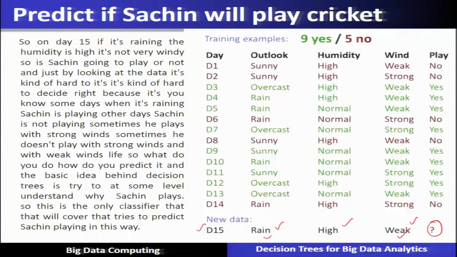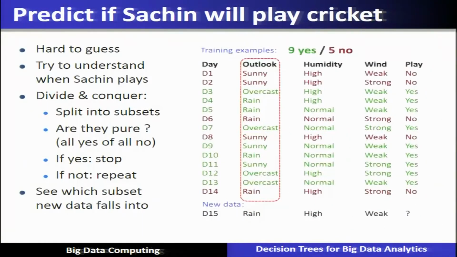Let us see how in a decision tree we are going to do this kind of prediction. As we have seen, it is very hard to guess whether Sachin will play on day 15th. For this we have to understand the conditions when Sachin is playing.